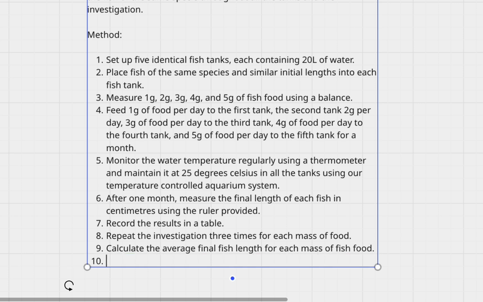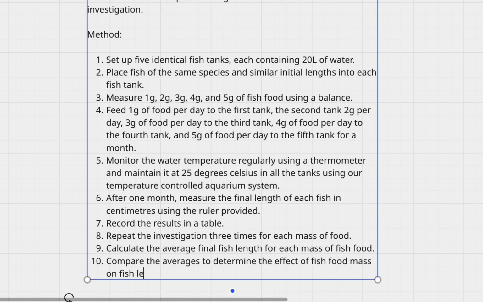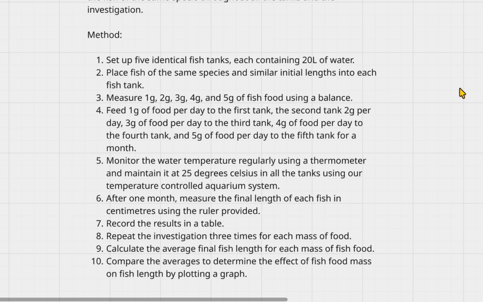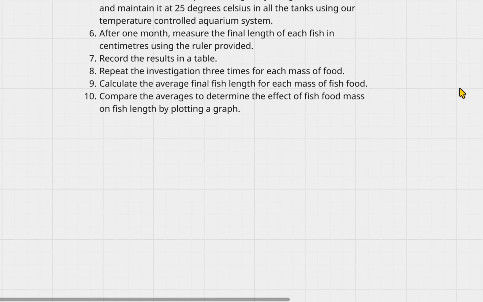The next step is going to be compare the averages to determine the effect of fish food mass on fish length by plotting a graph. So that is it. We have 10 proper steps mentioned, and then that's going to be our method.